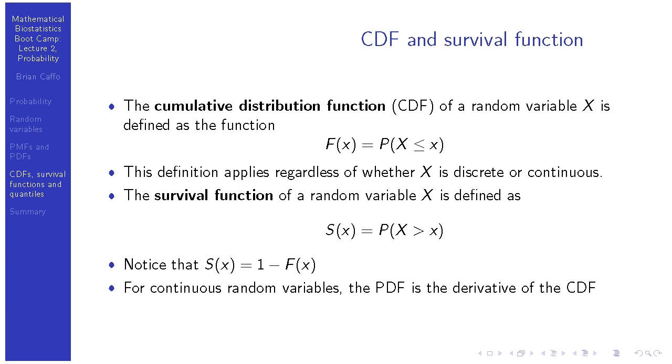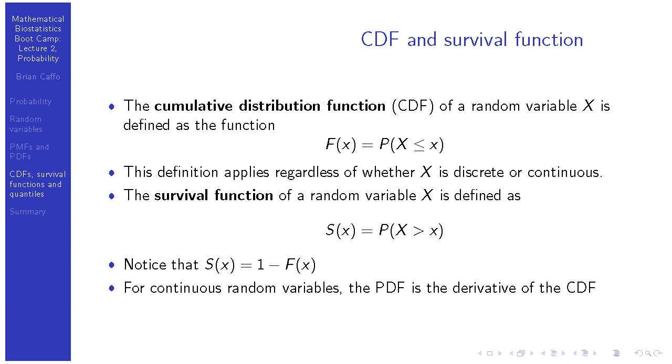So the cumulative distribution function, CDF, is simply a function that takes any specific value and returns the probability that the random variable is less than that value. And again, if it's continuous, it doesn't matter whether it's less than or equal to or less than, but the cumulative distribution function is defined for both continuous and discrete random variables, so let's be specific and say that it's less than or equal to.